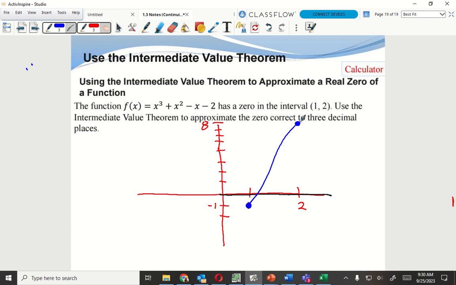It's asking if it has a 0, so just by looking, this one right here was a negative, and this one is a positive. Therefore, if there is a change in sign, there must be a 0 in between. Even if it went from negative to positive, it had to cross 0 at some point. That's what that means.